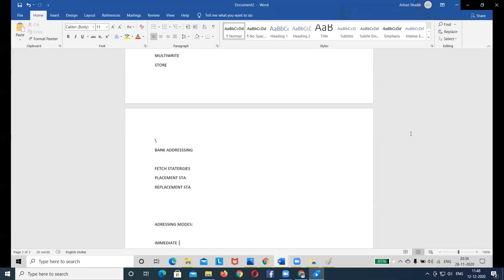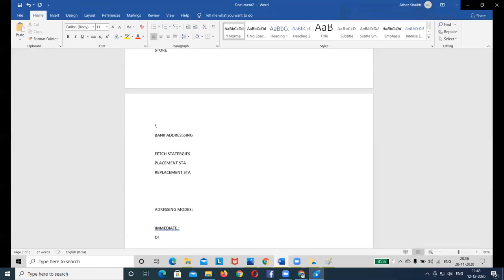Then direct addressing. In direct addressing mode, the instruction tells where the value can be found, but the value itself is out in memory, where the address field contains the address of the operand. In this mode, the effective address is the address field.